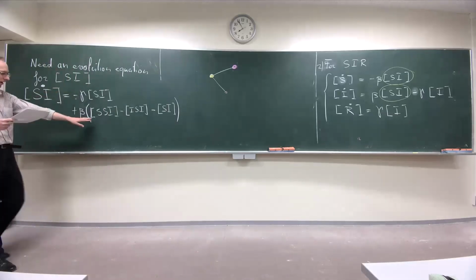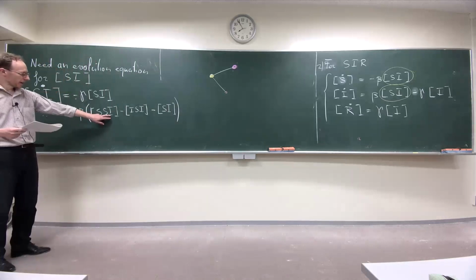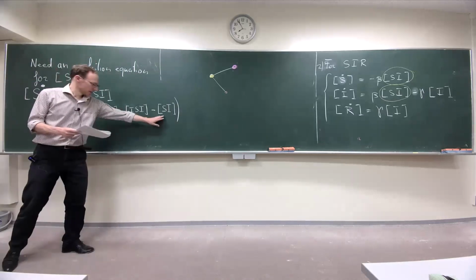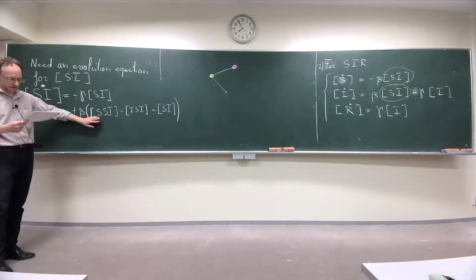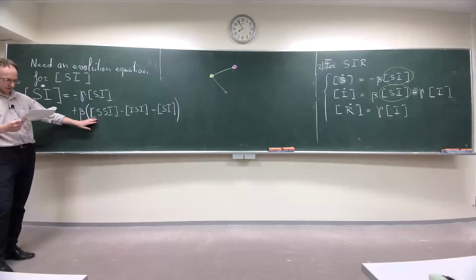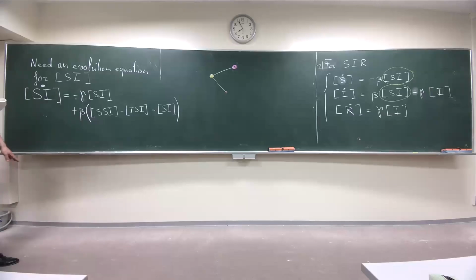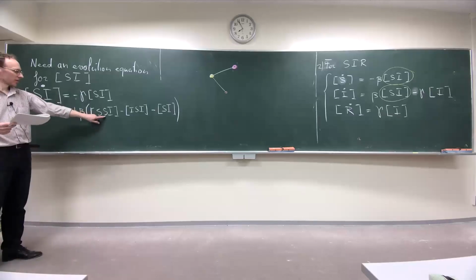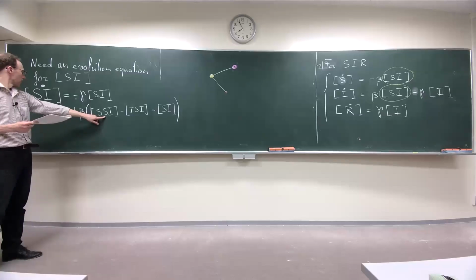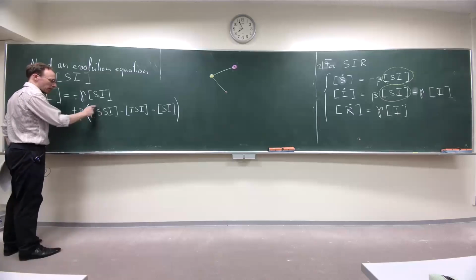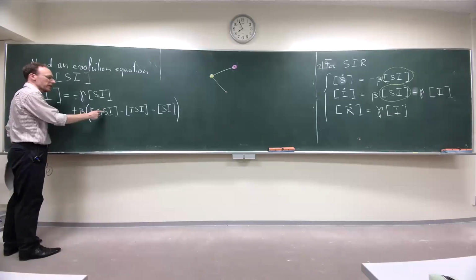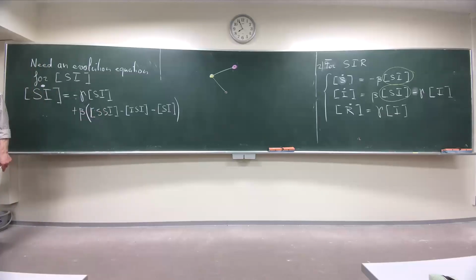Now I'm a little bit surprised by this one because the I infecting this S is already here. I need to double check why we have SSI. Yes, two susceptible, suddenly one becomes infected by the infected one.